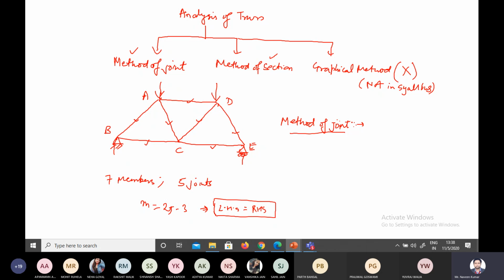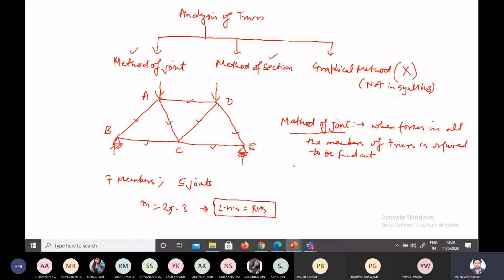So I am writing here, method of joint can be used when forces in all the members of the truss are required to be found out. So we can use the method of joint only when the forces in all the members of the truss are required to be found out.